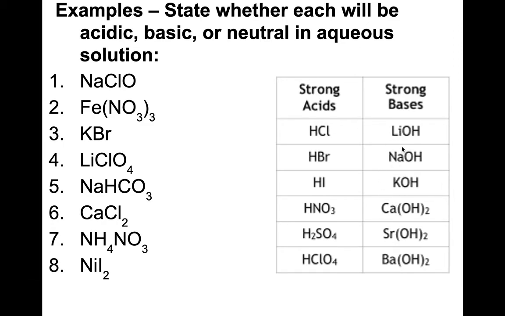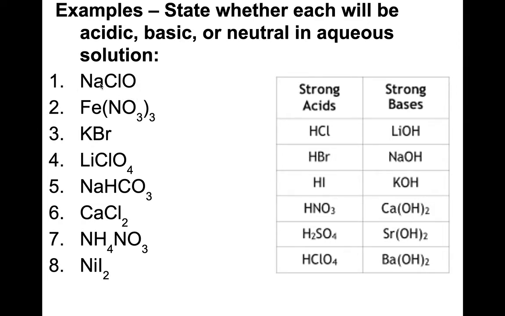But I've included it for now. So we see that sodium does appear in the strong bases. So as a conjugate acid, it's going to have no effect, right? The sodium ion would be the conjugate acid of a strong base, and as a result would have negligible acidity. So the sodium is having no effect here.